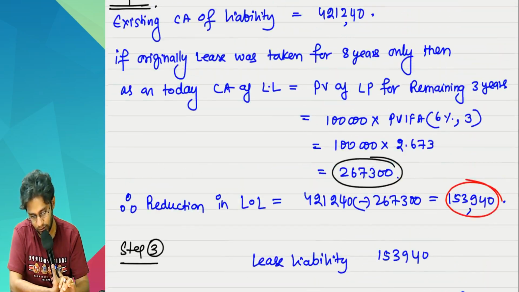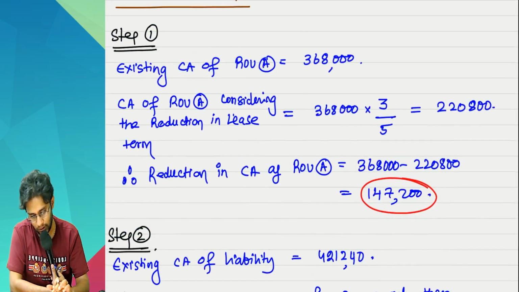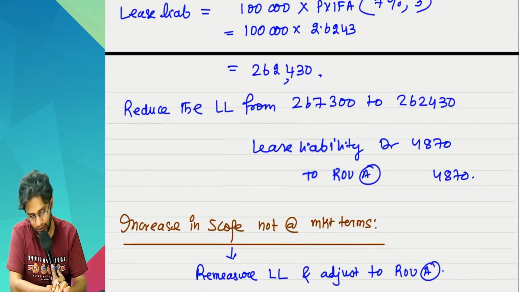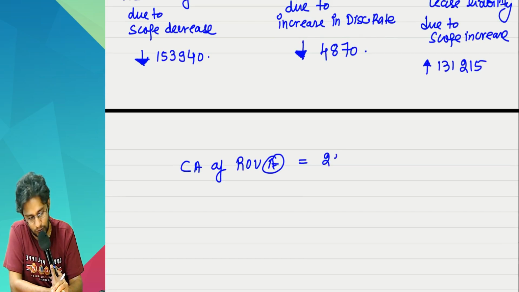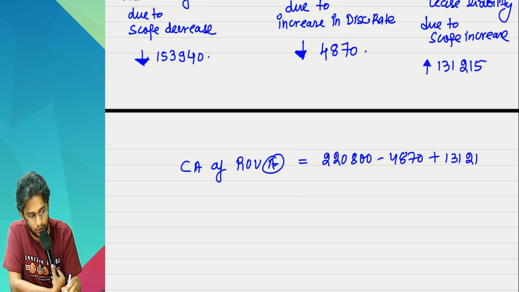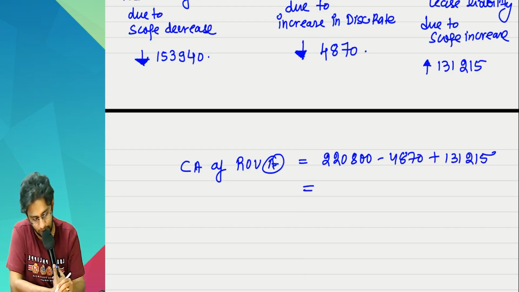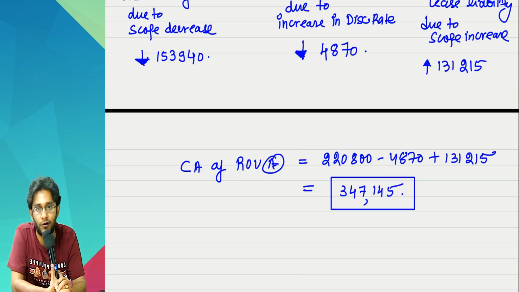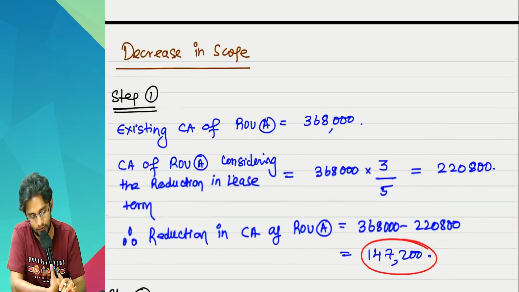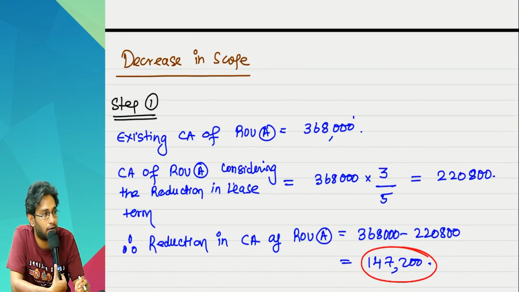Scope decreased, you measured, so you reduced it to 220,800. Later on you decreased it further by 4,870. So 220,800 minus 4,870. Lastly you added 131,215. How much is this? 347,145. See, in the beginning, sir, this was standing at 368,000.